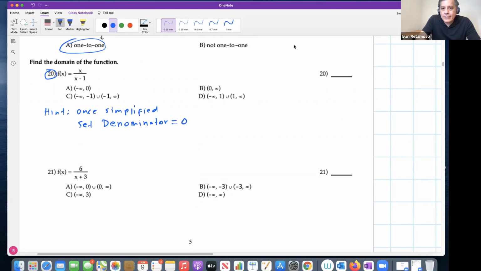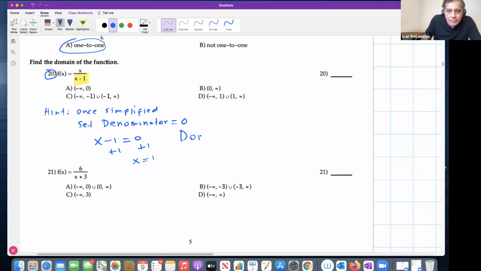Jing also, great, very good. Savannah, excellent. Yeah, if you set the denominator equal to 0, this tells you that this number 1 is not good as an input value for this function, because 1 minus 1 will be 0, division by 0, undefined.